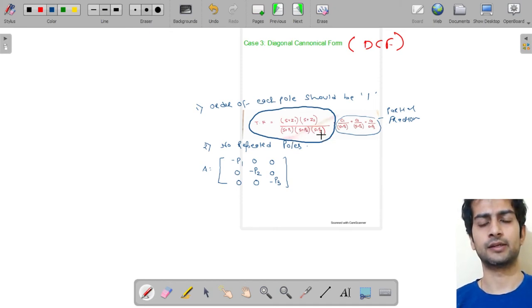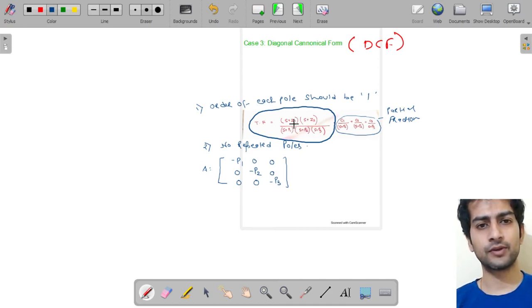Then it's a DCF. You can find the option and take it. Now, if there are some repeated poles, you will say that it is JCF. You will again find the option and take it.